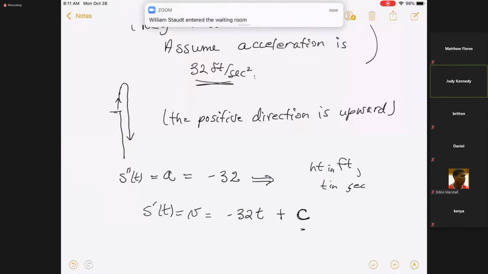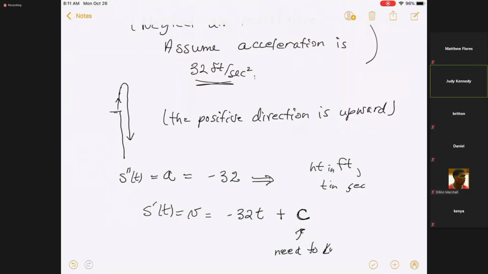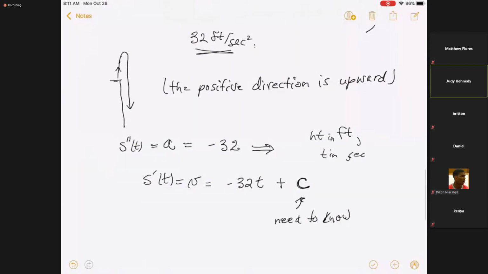I need to know which c is needed here. So I just write C to indicate that any constant there would work as far as the antiderivative goes.